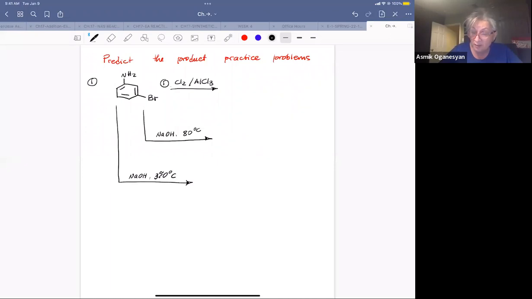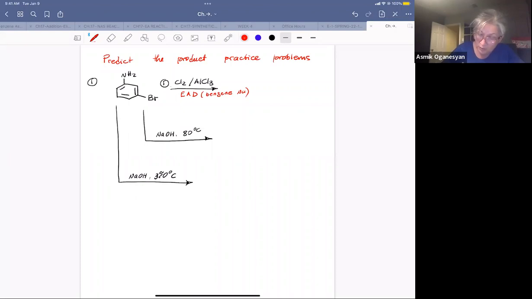The reaction set prompts us to use electrophilic aromatic substitution reactions in which your benzene ring acts as a nucleophile. Okay, benzene, nucleophile. So we understand that the electron donating group is going to dominate the reaction outcomes.